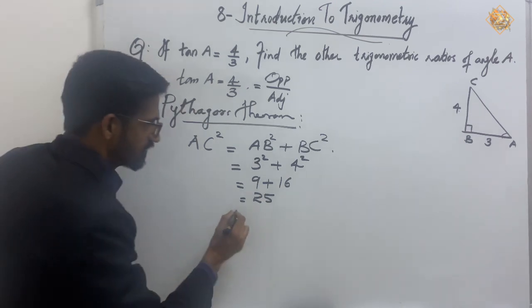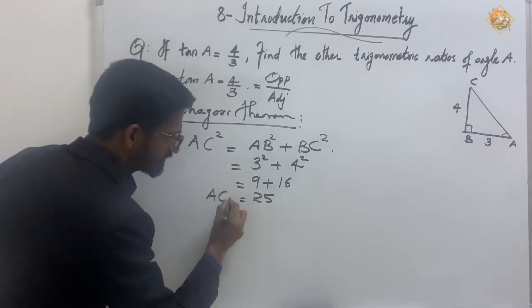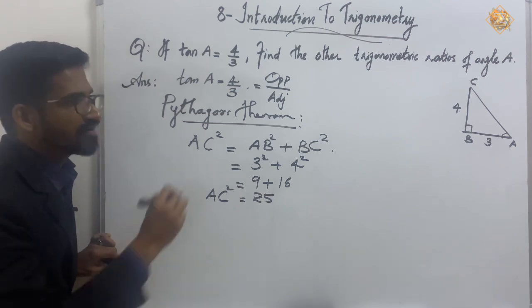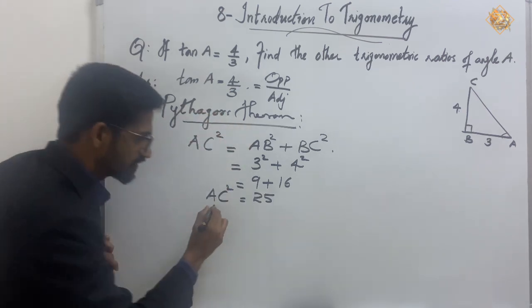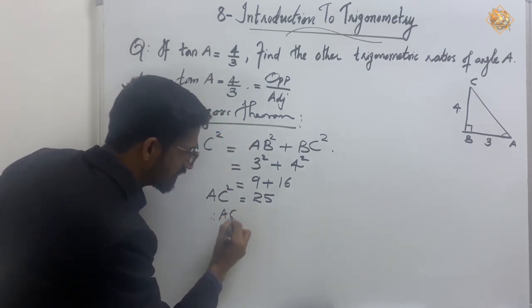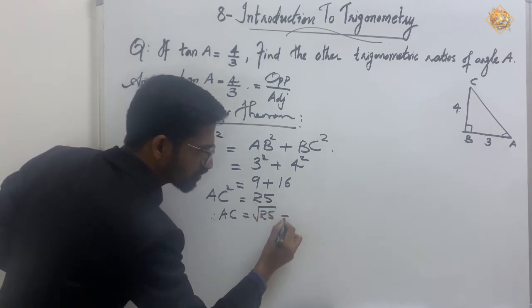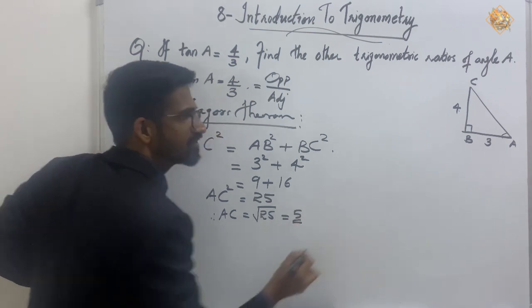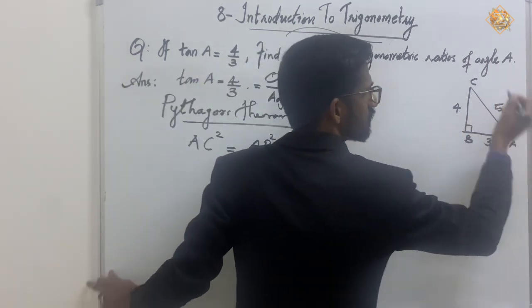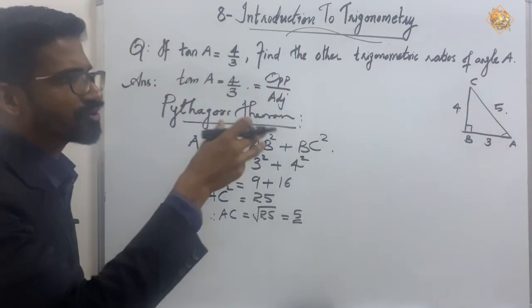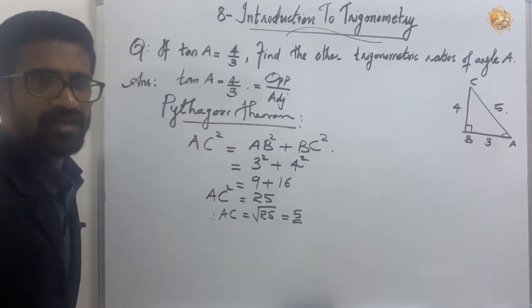So AC square equals 25. We have to find AC, therefore AC equals root of 25, that is 5. So we got AC, and now we have all three sides of the triangle ABC.